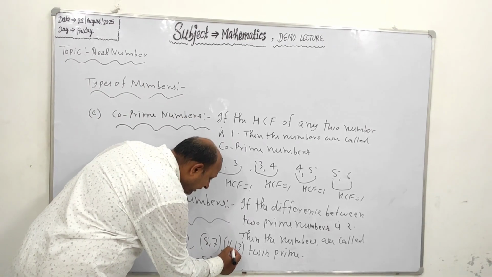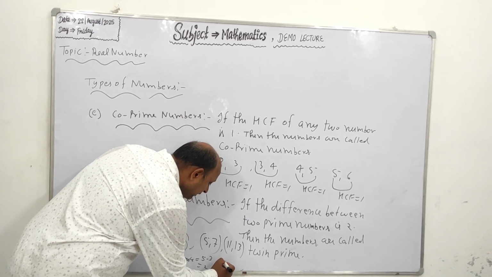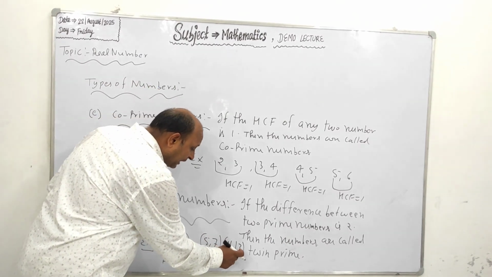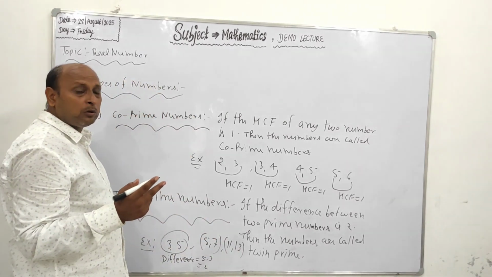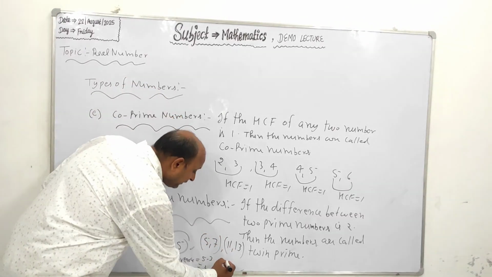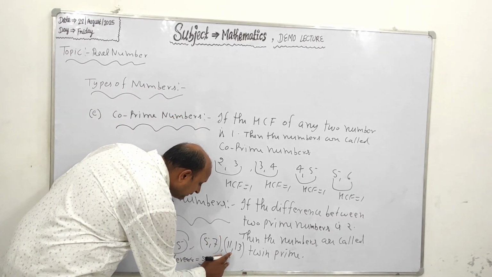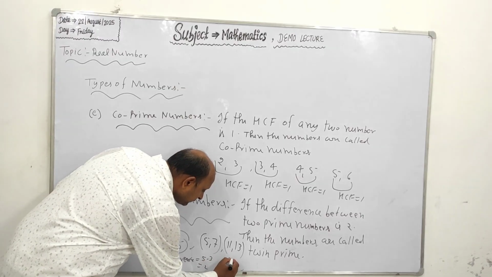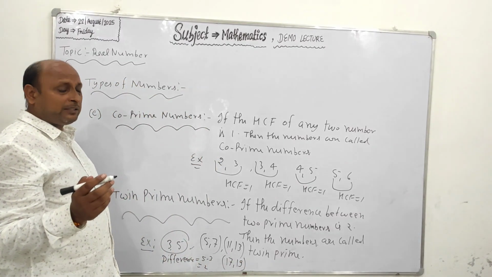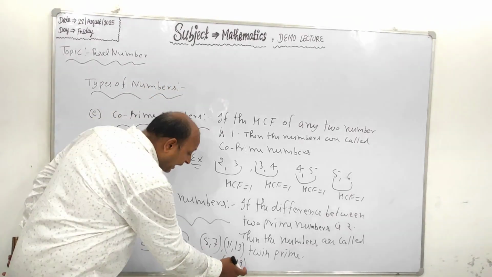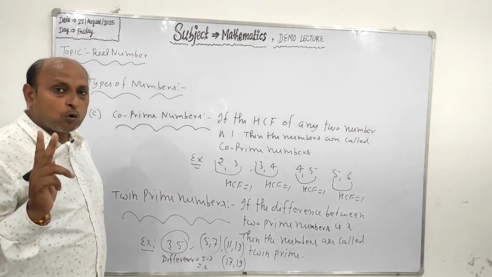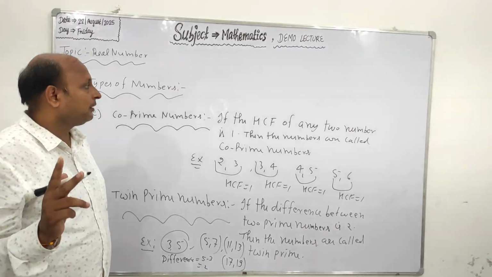Next, 11 and 13. You can see that the difference, 13 minus 11, is equal to 2. So that pair is called twin primes. Next, 17 and 19. The difference between 19 and 17 is 2. So that pair is also called twin primes.